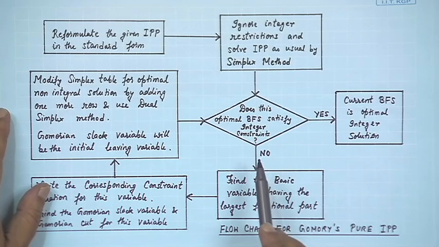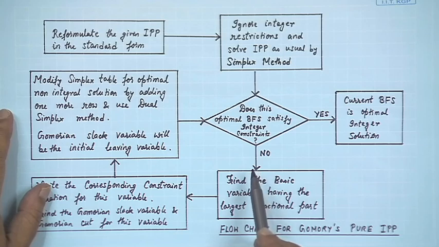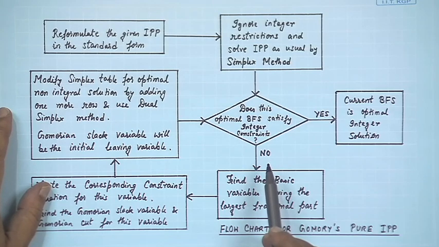As I told you earlier, ignore the integer restriction, as if you assume that xj is only greater than or equal to 0, it may take integer value or real value, and solve it by the normal simplex method, whatever we have done earlier.